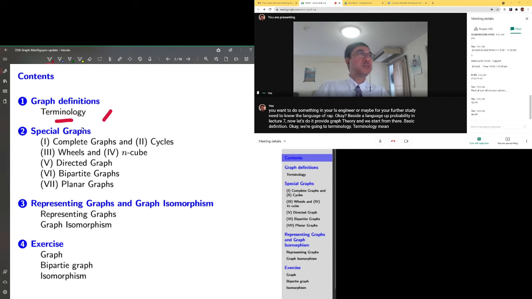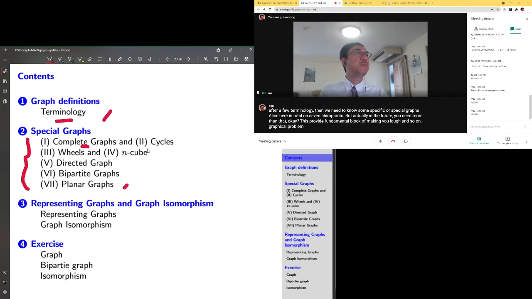And after a few terminologies, we need to know some specific or special graphs. I list here in total 7 kinds of graphs, but in the future you will need more than that. This provides the fundamental blocks for making new graphs and solving practical problems.